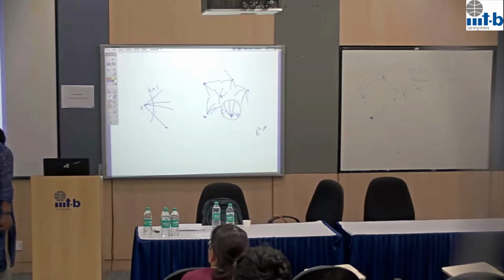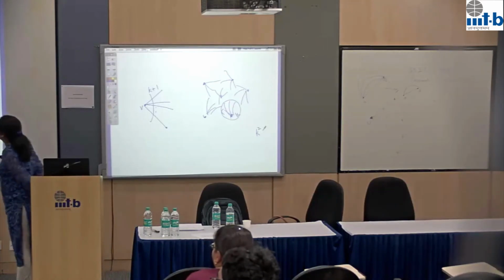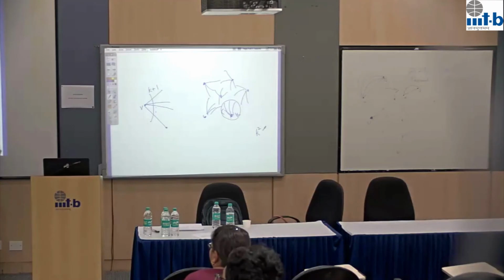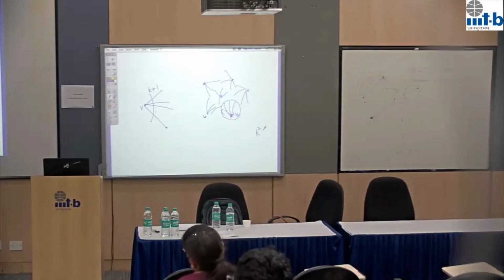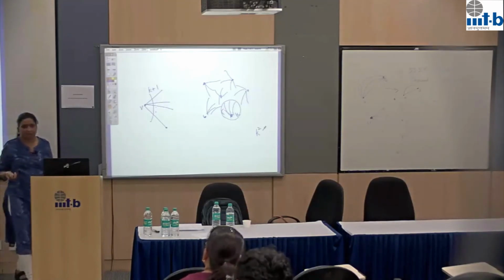Can we bound the number of vertices also? Yeah, how? That will be when you have k independent stars. Yes, in the worst case you have one vertex with k neighbors, so that is a group of k plus 1 vertices. At most there can be k such groups, so it is k multiplied by k plus 1.